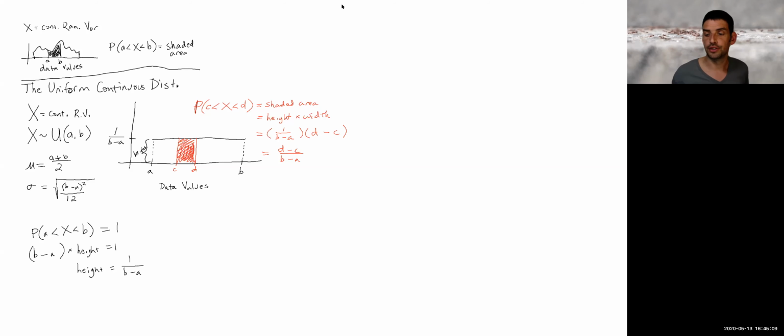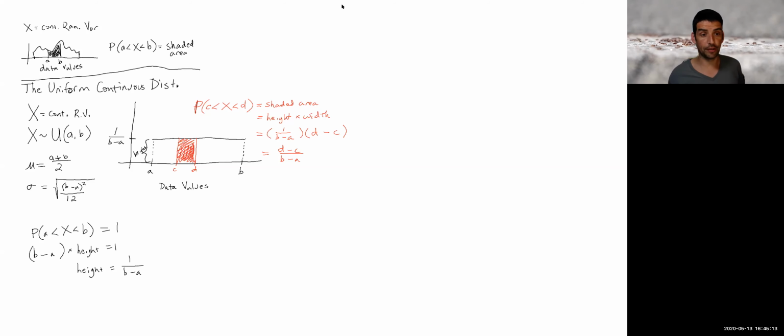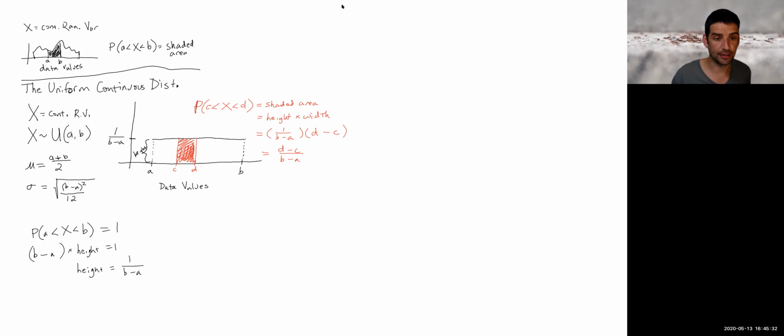I don't want to deal with ugly denominators or ugly decimals. So we already figured out the probability of waiting more than 8 minutes, which again is the same as the probability of waiting more than 8 minutes and more than 3 minutes, because if you wait more than 8, you've done the part where you wait more than 3. So we have to divide by the probability of waiting more than 3 minutes.